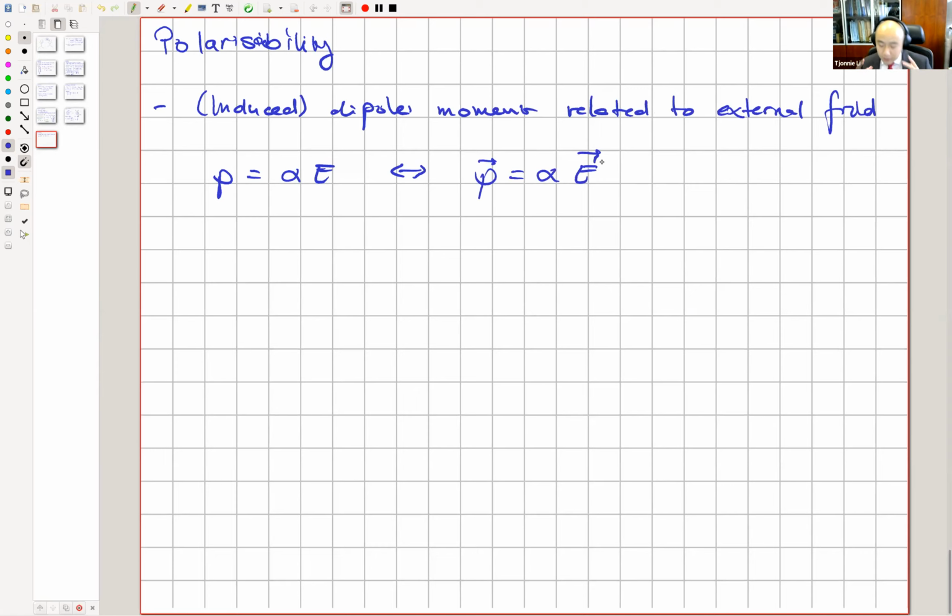Now alpha could be, in the simplest form, a constant.